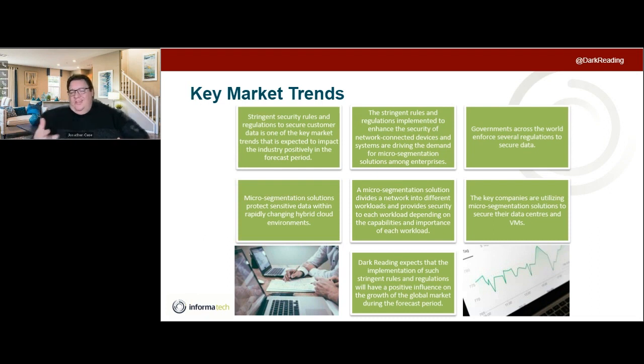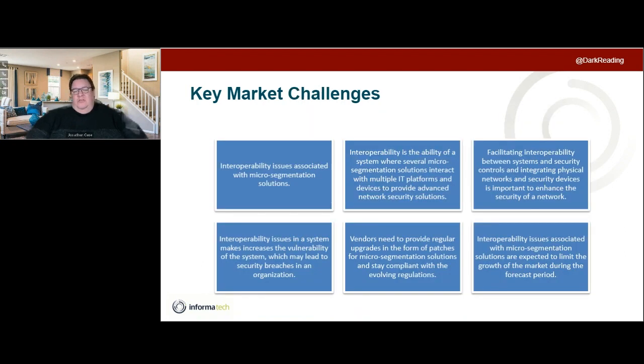And of course, we're seeing vendors, hardware vendors, but also the cloud vendors as well, bringing microsegmentation into their fabric, into their solutions. And our expectation is that all of this will have, again, a positive influence. This is why we will see that CAGR continue to accelerate.